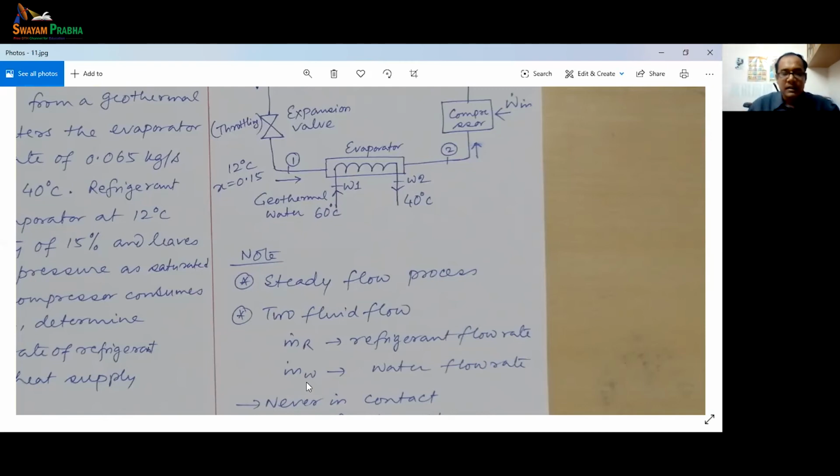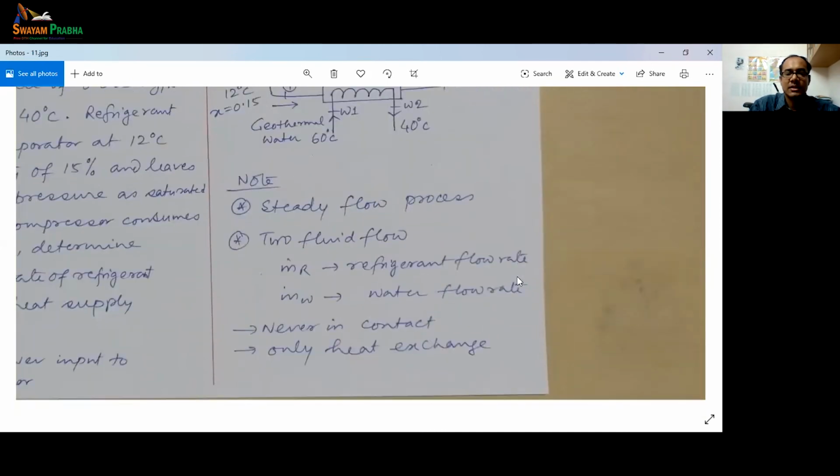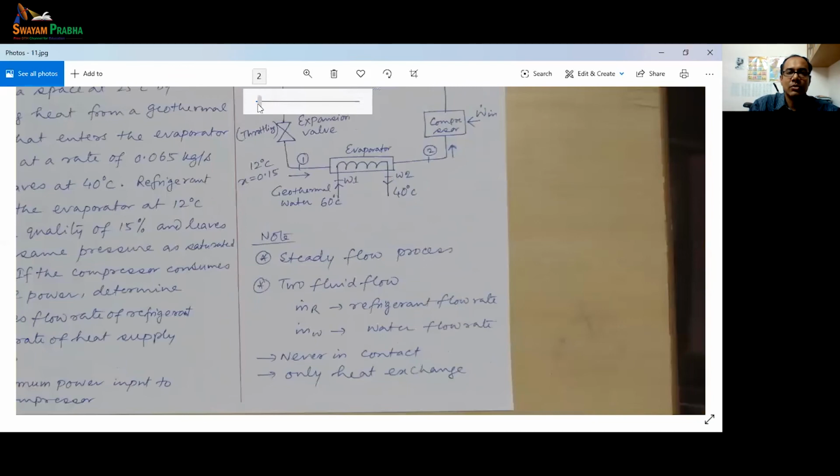They are never in contact. They exchange heat between themselves, but they don't exchange mass. So water and refrigerant do not get mixed in this evaporator, but they do exchange heat. That's the condition we are looking at here.